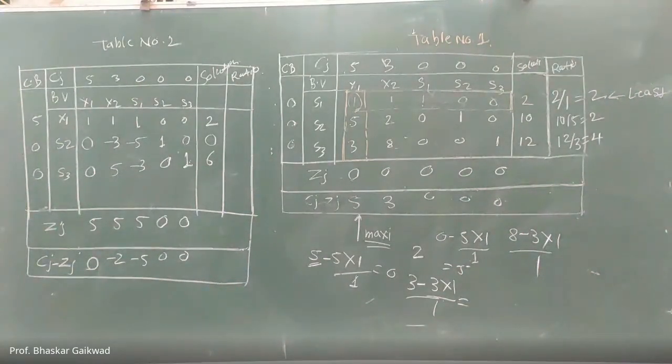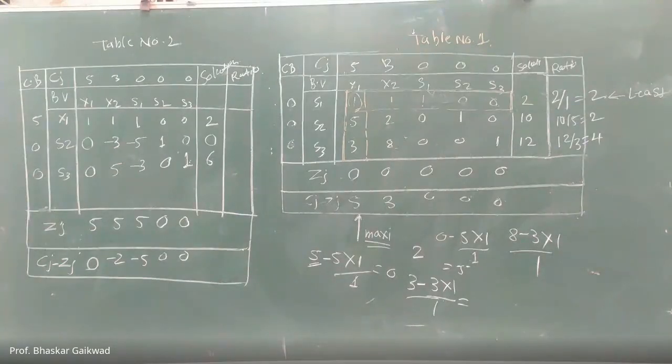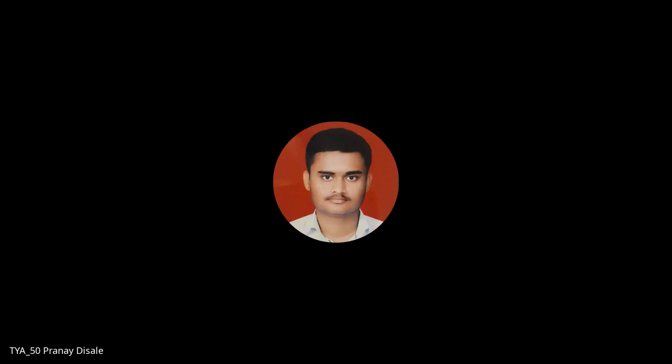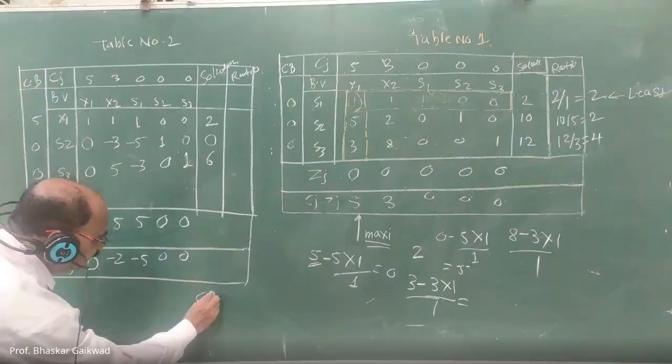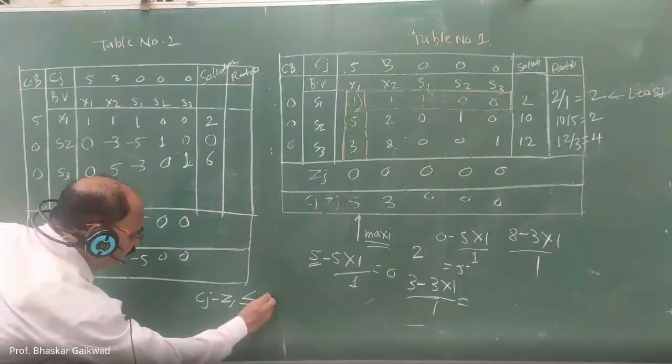Now after this, see whether the condition is followed or not. Yes, sir. Okay. What is that condition? CJ minus ZJ is less than or equal to 0.